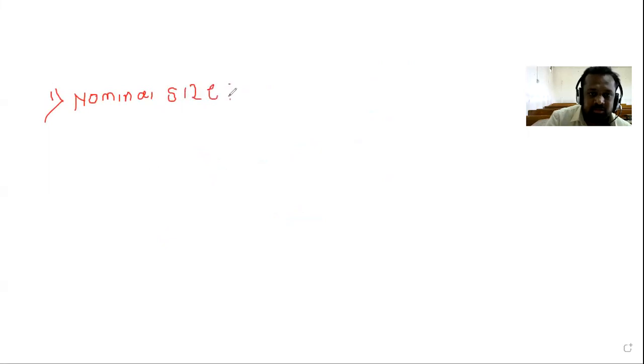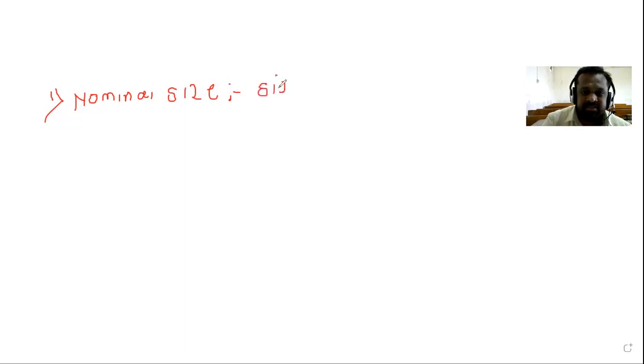Okay. So first I will write here nominal size. Now see here, the nominal size is nothing but the size of part in drawing only.